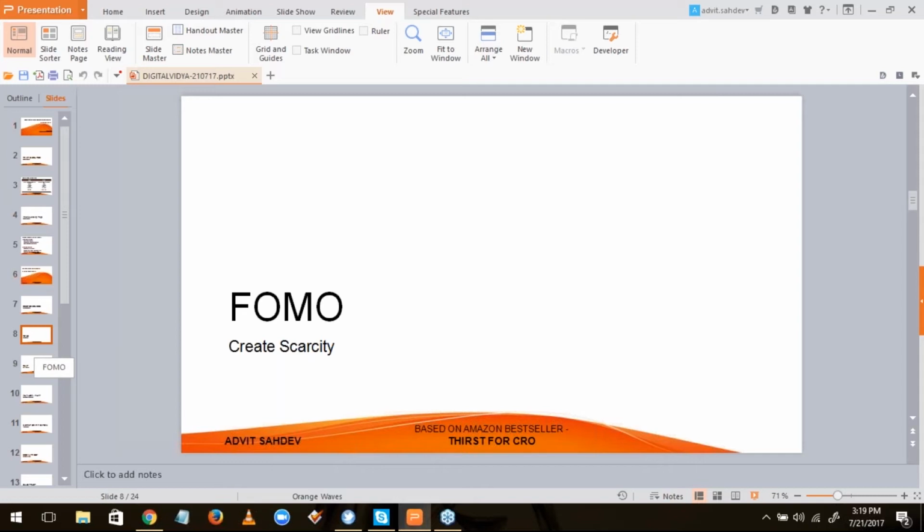Another thing that really worked on this page was, creating scarcity is fine, but you have to show that people are missing out. So a way of showing that is that the Education Institute across India had about 5,000 seats, and we would say that 98% of the seats are already filled up, which means that about 4,900 seats are already filled up, and there are only 100 seats left.